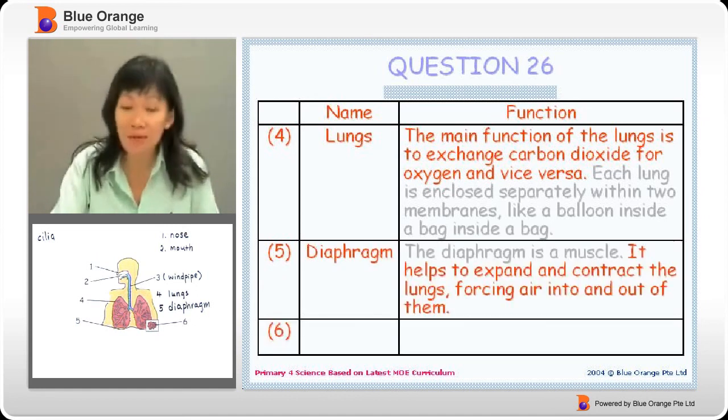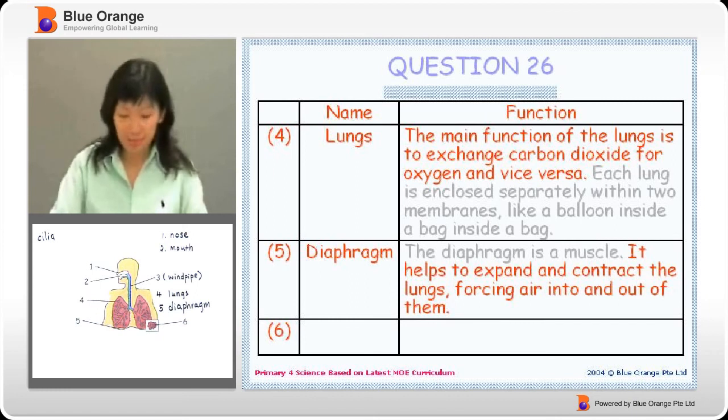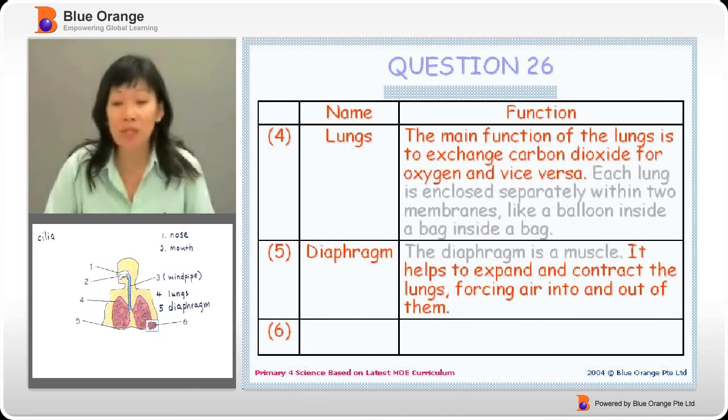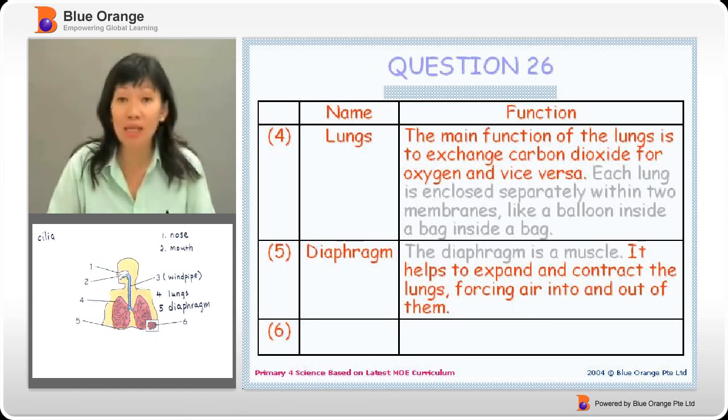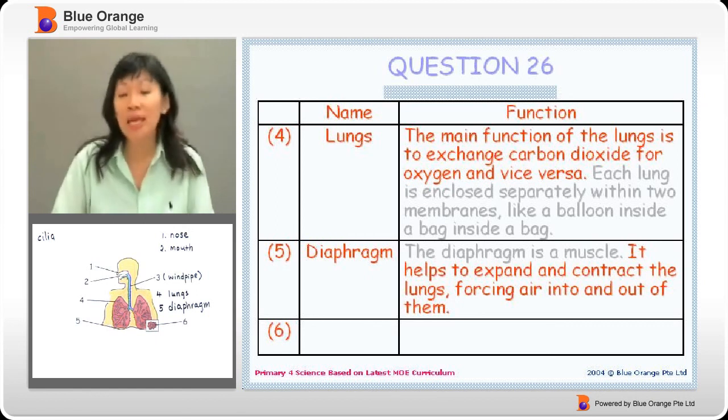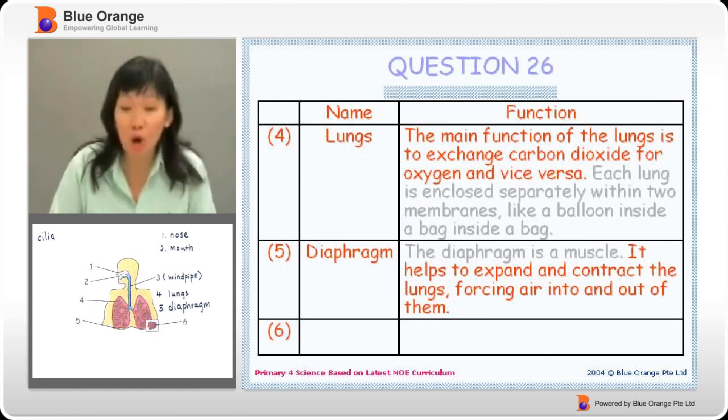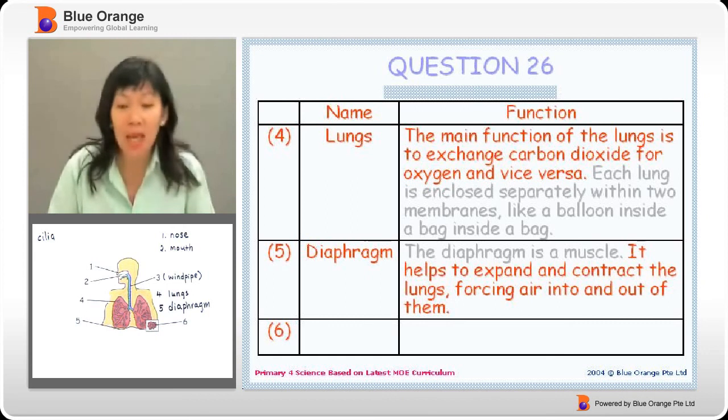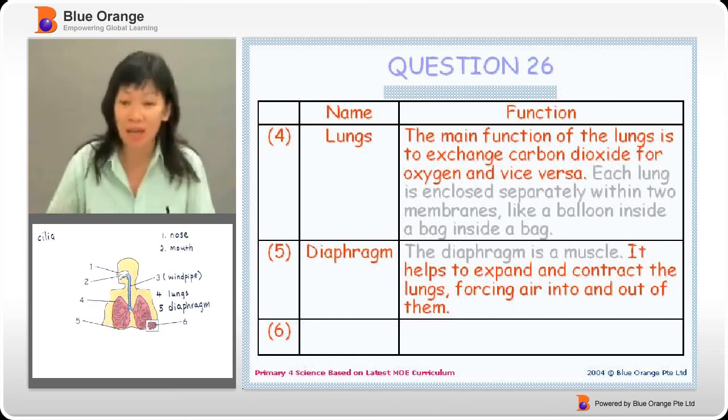And then what is the function of the diaphragm? Yes, the function of the diaphragm is to help to expand and contract the lungs, forcing air in and out of the lungs. So here, very simply, the function of the diaphragm is to help to expand and contract the lungs so the air can go in and out of them.